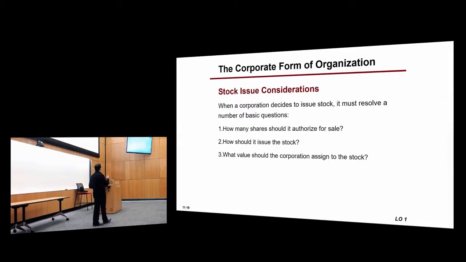So before the company issues stocks, they have to look at several things. They look, for example, at the shares that they authorized. They have to look at how they are going to issue the stocks. There are different ways. They can sell them directly, and consequently they would have the risk of not being able to sell all of them. In other cases, they do it in a way similar to outsourcing or factoring, like we studied before.